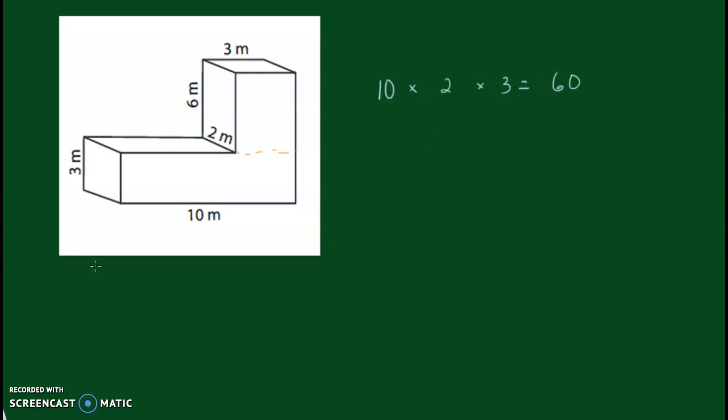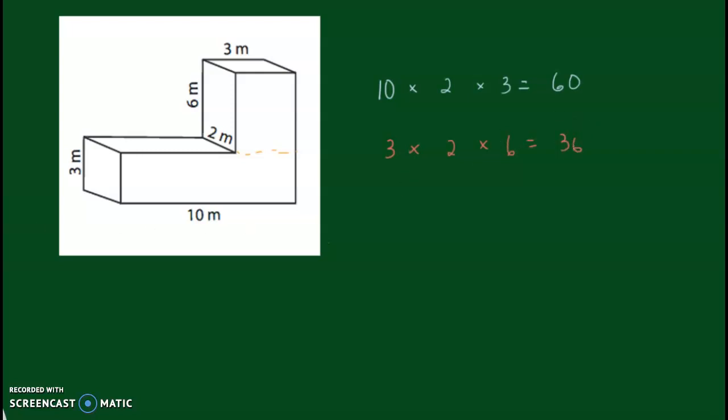Next, we're going to look up and figure out the volume of this portion. So from left to right, I can see that it's 3 meters. Then from front to back, it's the same. It's still 2 meters. And the height from the bottom to the top is 6 meters. So if I multiply these together, 3 times 2 is 6, times 6 is 36.